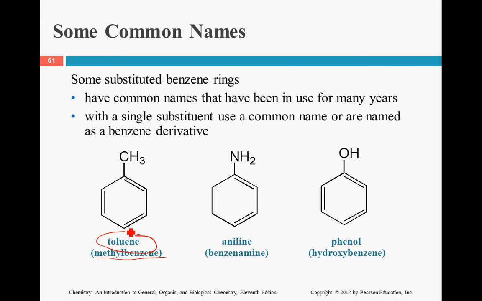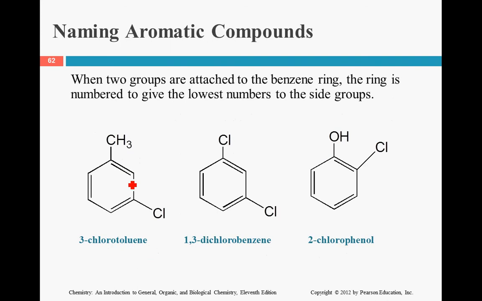So if you see this arrangement with the methyl on top, you're going to call it toluene rather than benzene at the end. If it has an OH, it's phenol. If it has NH2, it's aniline. You're going to want to memorize these. So you're going to make flashcards that have the name on one side and then the structure on the back.